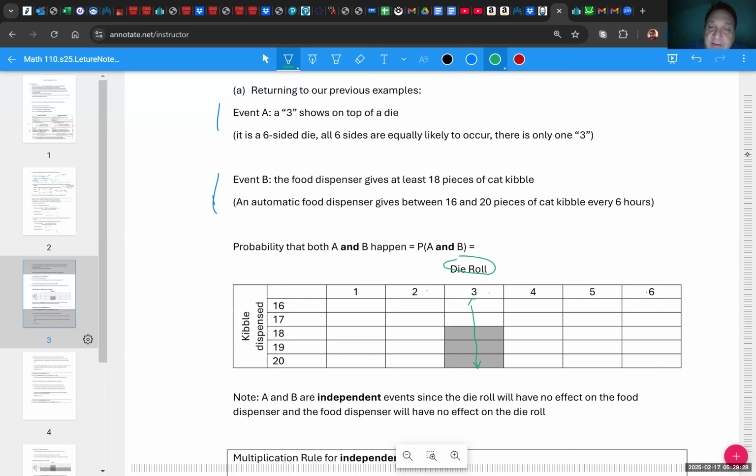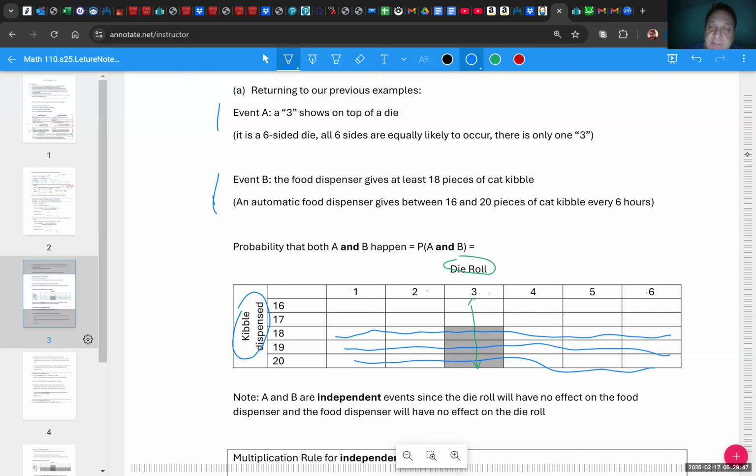The reason why I have a chart here is because there are 5 possible kibble amounts dispensed: 16, 17, 18, 19, 20. The 18s are all here, 19 and 20.